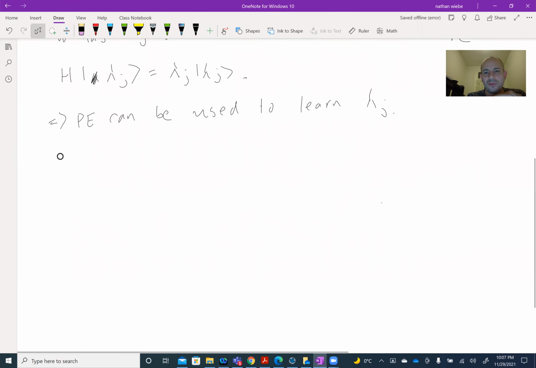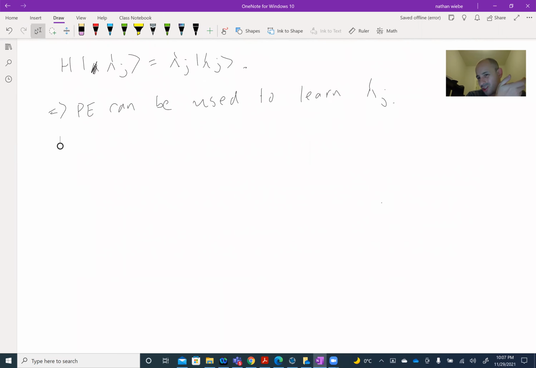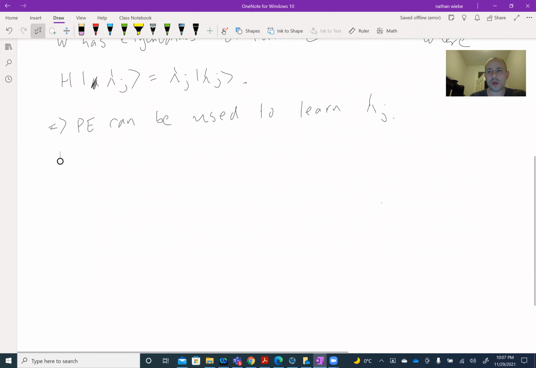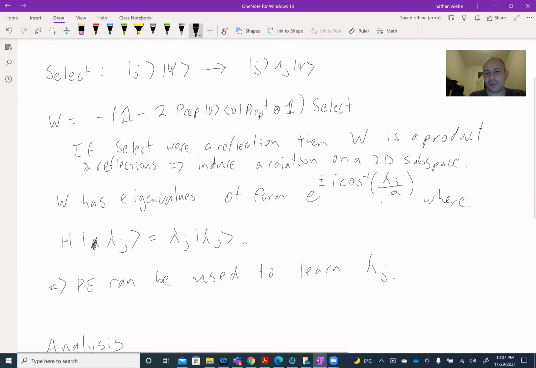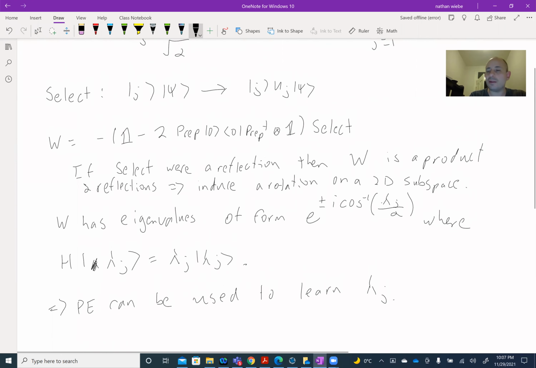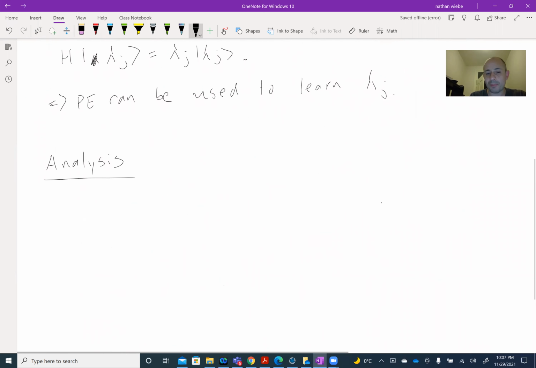Now, the analysis looks pretty much identical to the analysis that we used behind amplitude amplification. To begin, we're going to need to intuit what the two-dimensional subspaces created by the walk operator are going to look like.